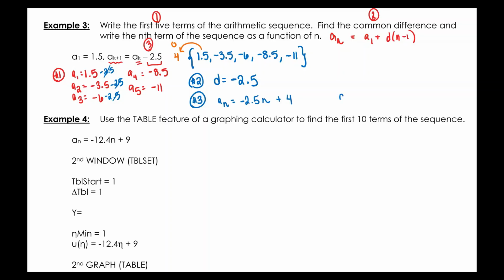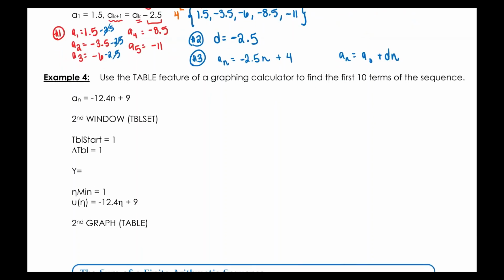And again, the version that I'm using for this is kind of the simplified version. And again, that's because I had the first 5 terms. If you have the first 5 terms, then I think it's just as easy to find the 0 term. We can also use our calculator to generate however many terms we want and then write it out for us. So let's just run through and make sure that we understand how to do that.